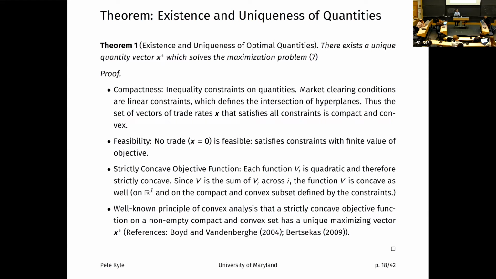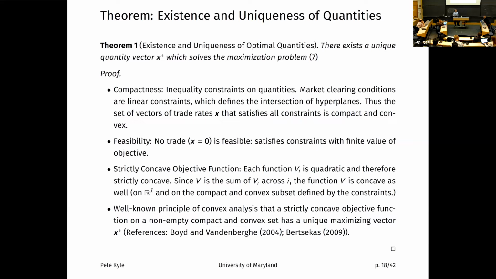That turns out to be an important assumption in theory that allows us to conclude that we've got existence here. The objective function is strictly concave because the only part of the objective function that's relevant is that quadratic part. A quadratic function is strictly concave. That gives us uniqueness of the market clearing quantity.